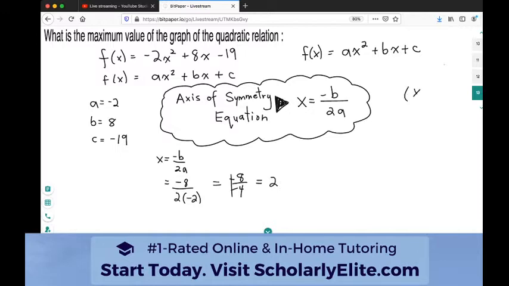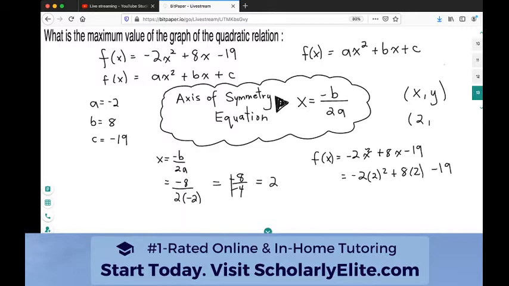In terms of our coordinate, that's the x value. We need to solve for y, and all you have to do now is plug in 2 into the equation that we were given in the beginning. So f(x) equals -2x squared plus 8x minus 19 becomes -2 times 2 squared plus 8 times 2 minus 19.